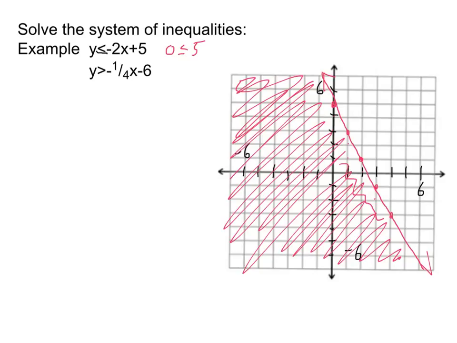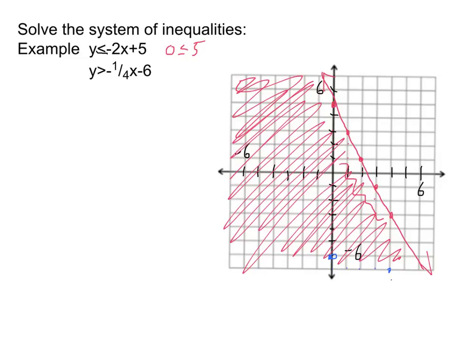Now let's look at the second one. We'll do the second one in blue. y is greater than -1/4 x minus 6. So it starts at a y-intercept of -6. It has a slope of -1/4, meaning I rise -1, which means down 1, over 4.